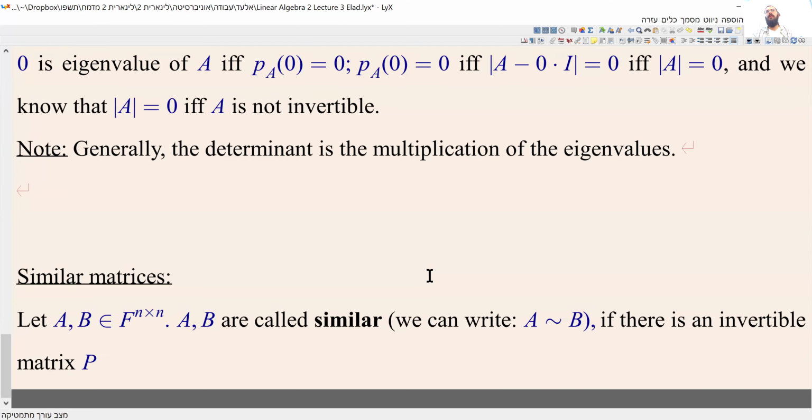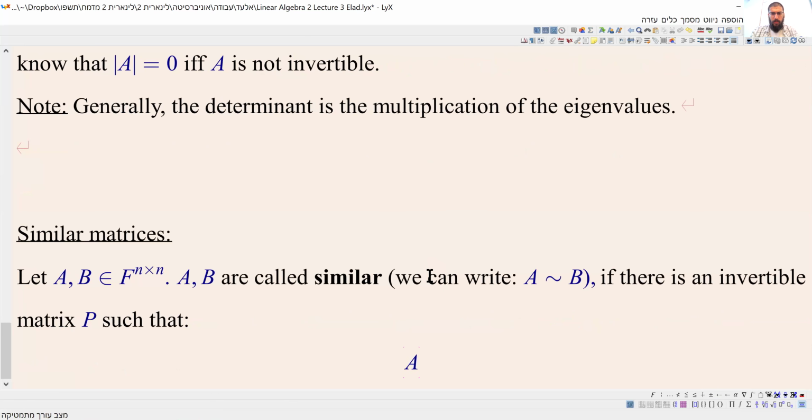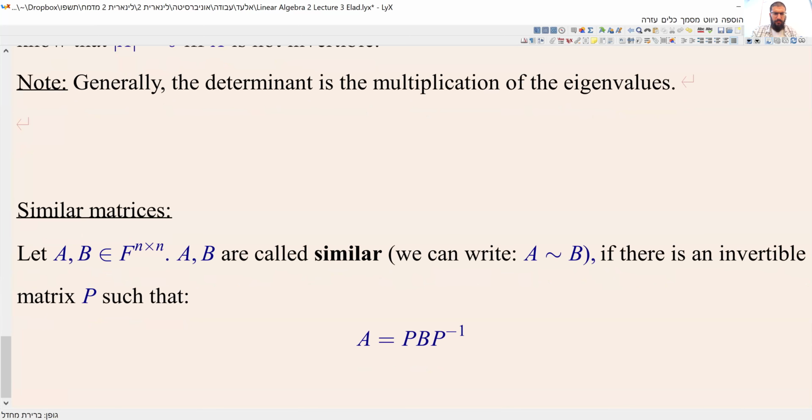It's a definition. So yes, similar if there is an invertible matrix P such that A is P B P minus 1. When you write it down, P from here, P minus 1 from there, you get A.